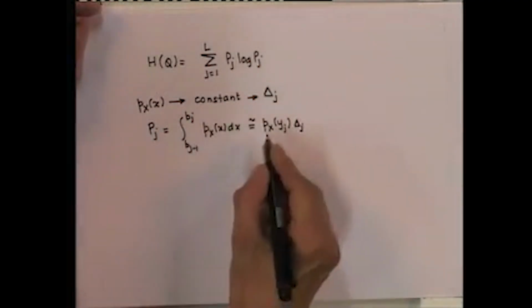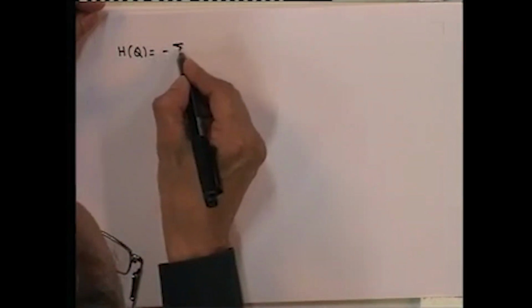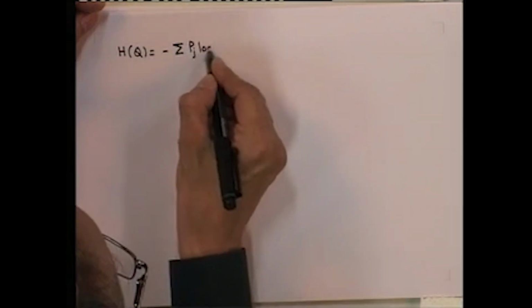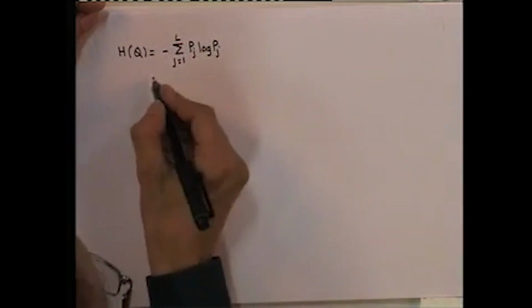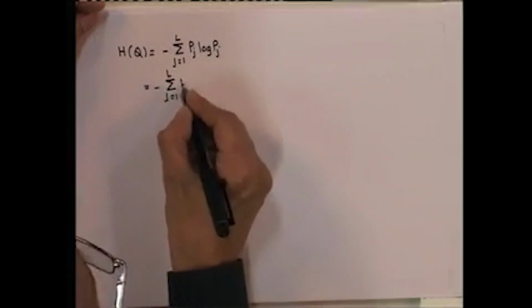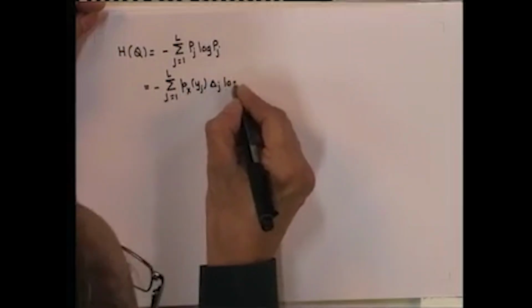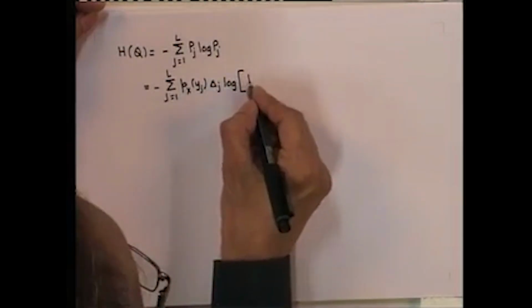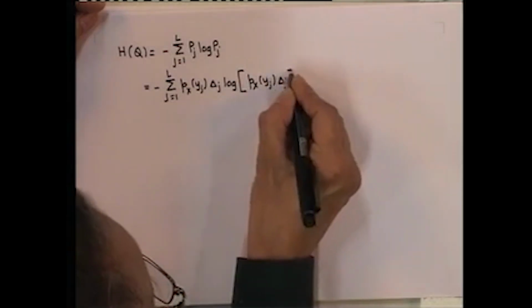So, using this we can rewrite the expression for entropy as follows: H q is equal to minus summation P j log P j, j equal to 1 to L, and this can be rewritten as minus summation P j log of P y j delta j.